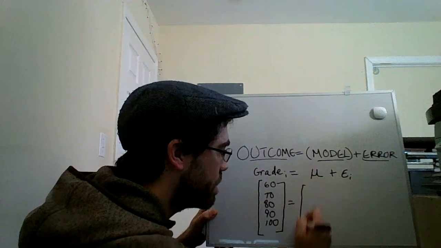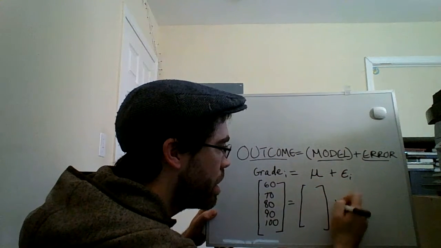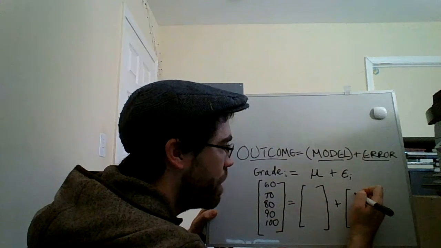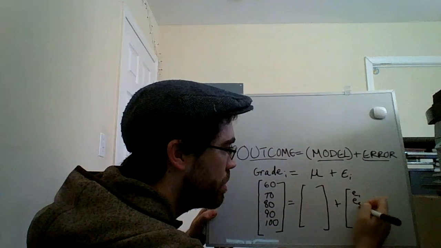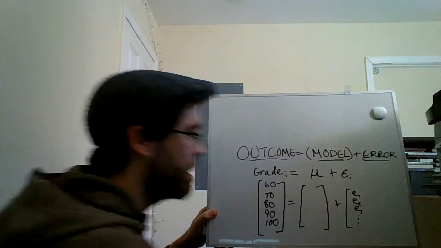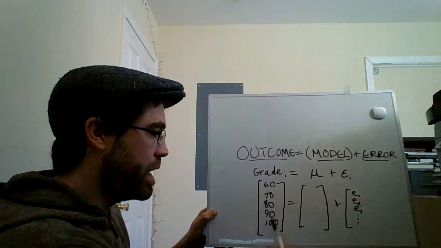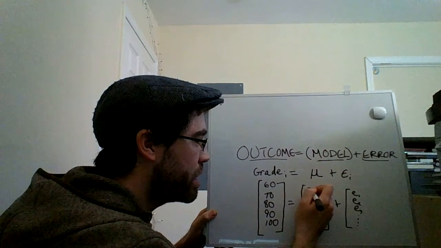We have a vector for the model, one or more vectors really, and a vector for the errors. So, that would be E1, E2, E3, and we'll fill that out in a sec. If you look, the mean of 60, 70, 80, 90, and 100 is what? 80. So even though we only have one number, it's still a vector.